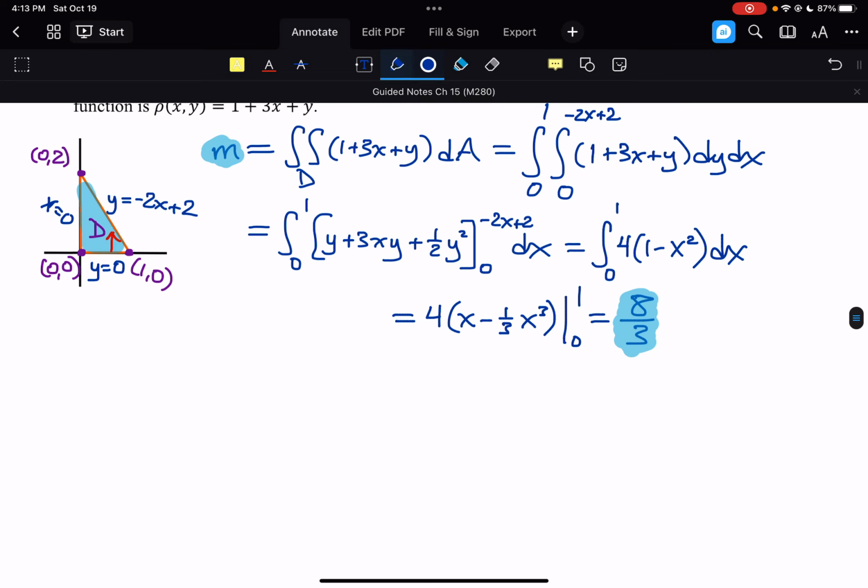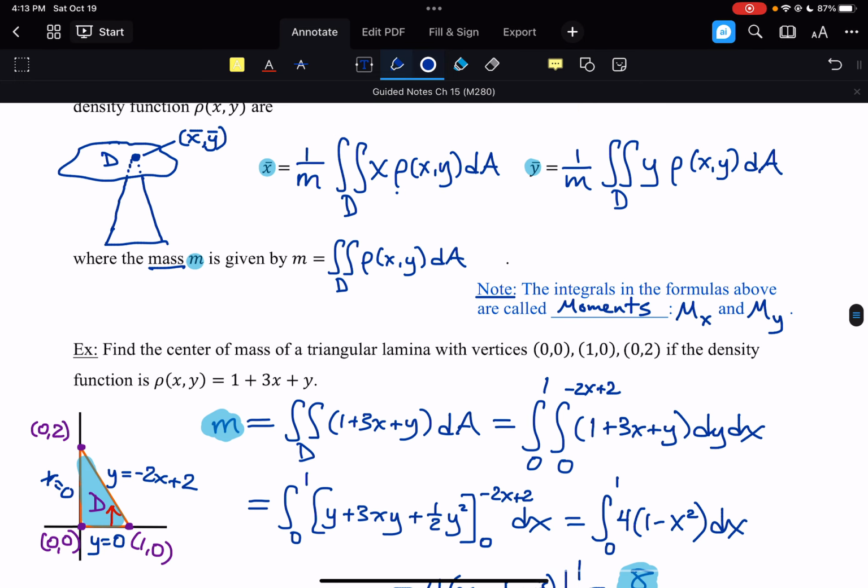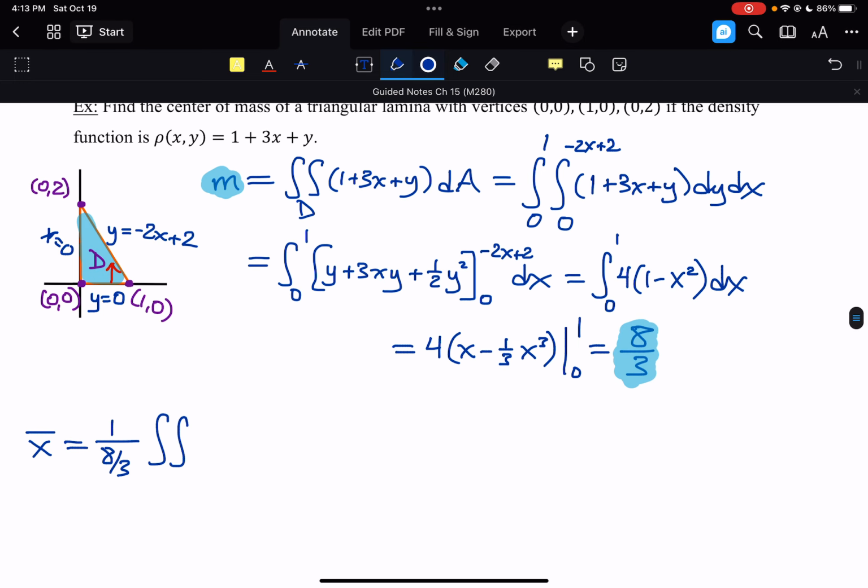So we're going to set up x bar first. So this is 1 over 8/3 double integral of x times the density function. So let me just go ahead and multiply everything in here by x.